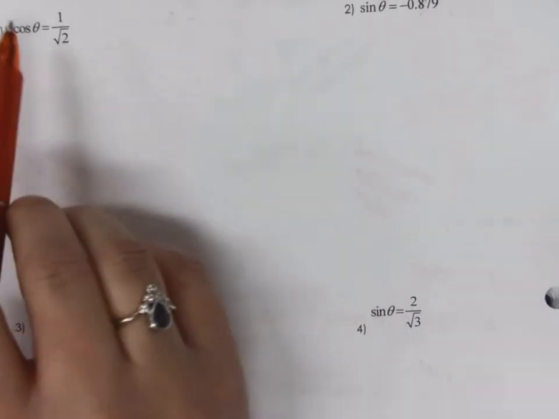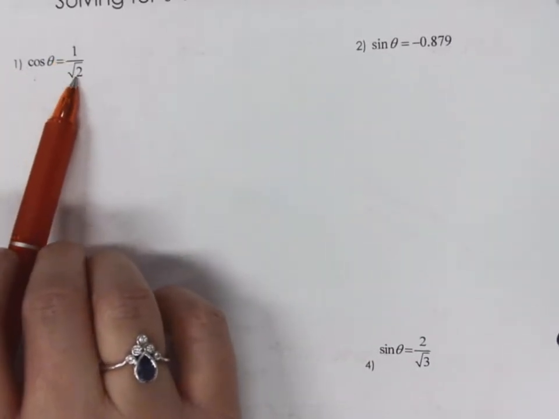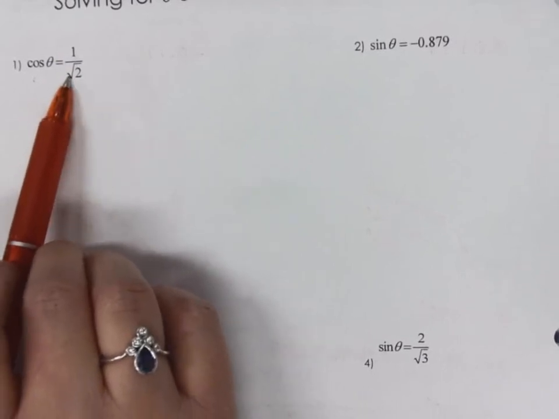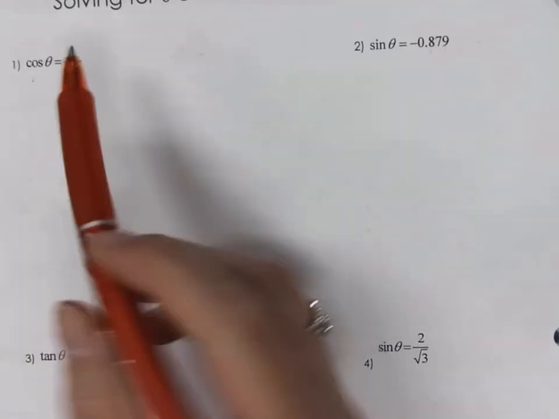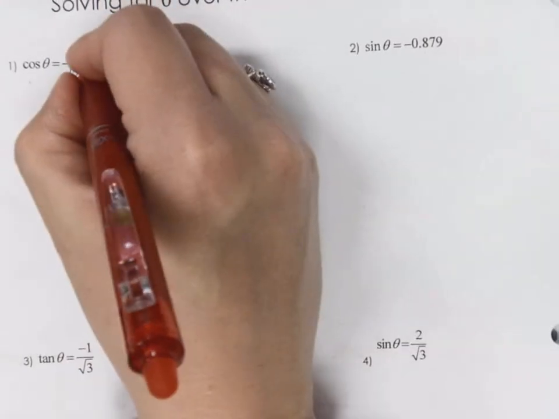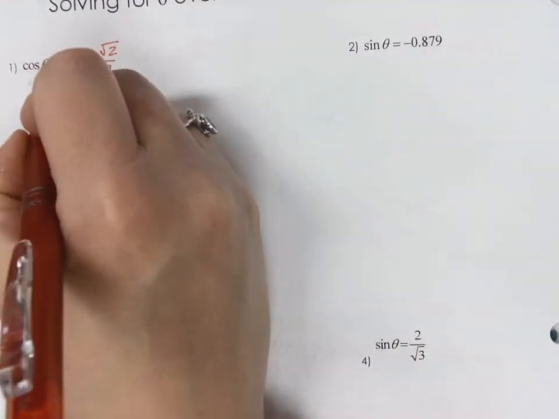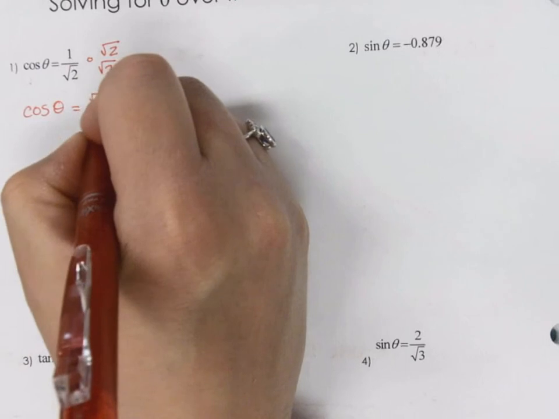So this question is asking cosine of 1 over root 2. This point is on the unit circle. I want you to rationalize this denominator to see it. So if you rationalize that denominator, we'd be doing cos theta of root 2 over 2.